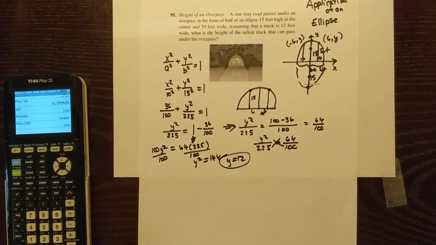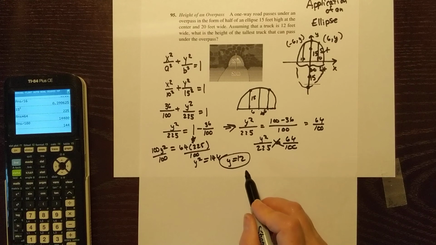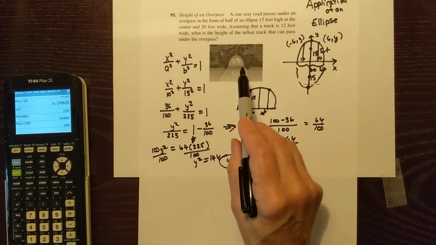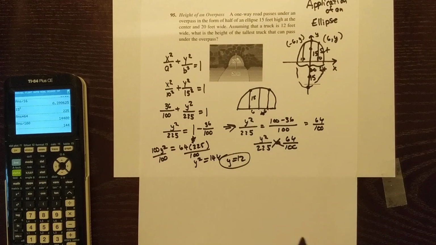That means that the tallest truck that can fit under the overpass must be less than 12 feet tall, because if it's 12 feet, it's going to hit the edge and cause damage to the overpass and the truck. So it's got to be less than that. That is that one.